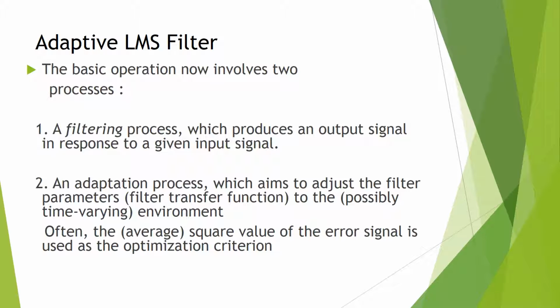There are basically two processes involved in the LMS adaptive filter: a filtering process and an adaptation process. The filtering process is the same as that of a simple digital filter, and the adaptation process, as I mentioned earlier, finds the new value of coefficients and keeps changing them in order to optimize the system performance according to the changing environment.